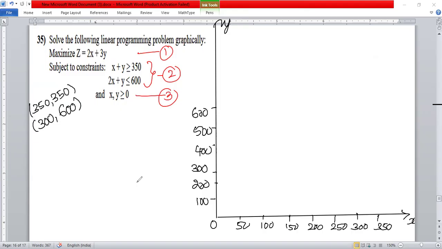Okay, the first point, 350 comma 350. So that is greater than or equal to. So that is the first line, greater than or equal to, outside the hall.